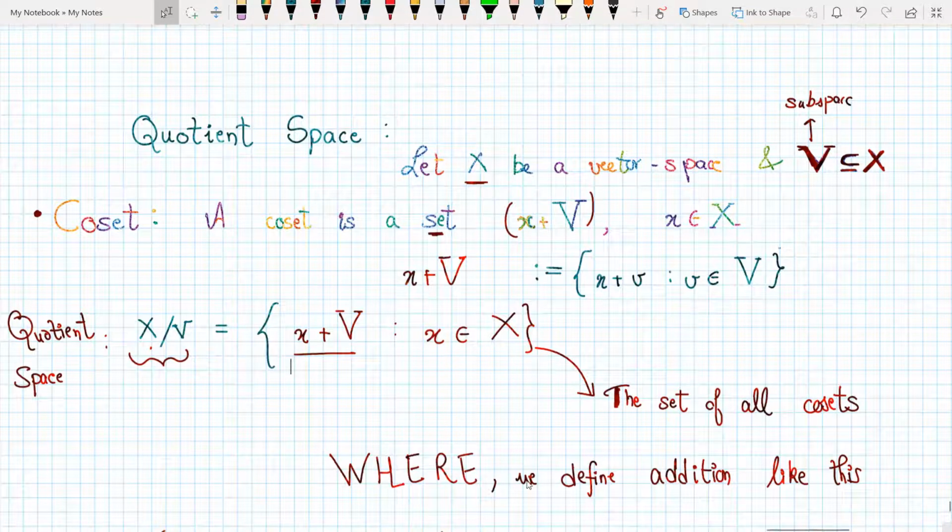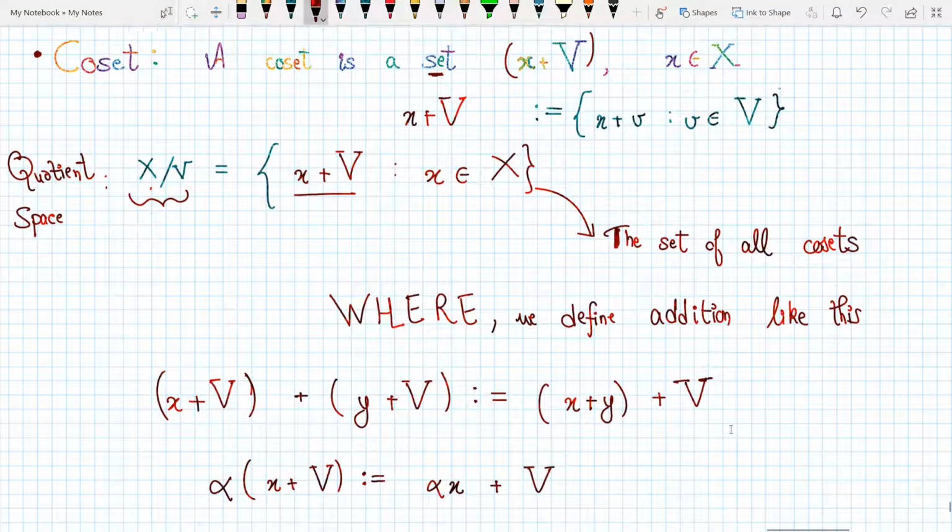Now I define addition in my quotient space. Having a quotient space does not satisfy my demand; I want to explore its structure. I want to assess whether it is a vector space or not, whether there is a norm associated with it, and further properties.